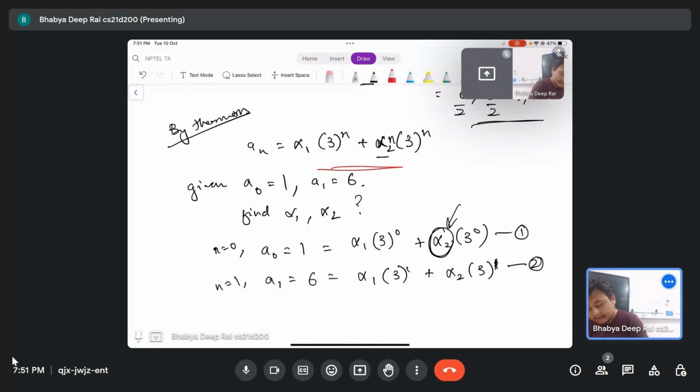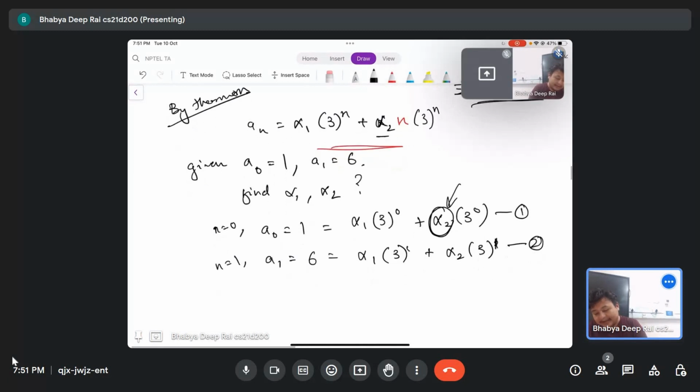So the term becomes n times 3 to the power n. The rest of the process is similar.